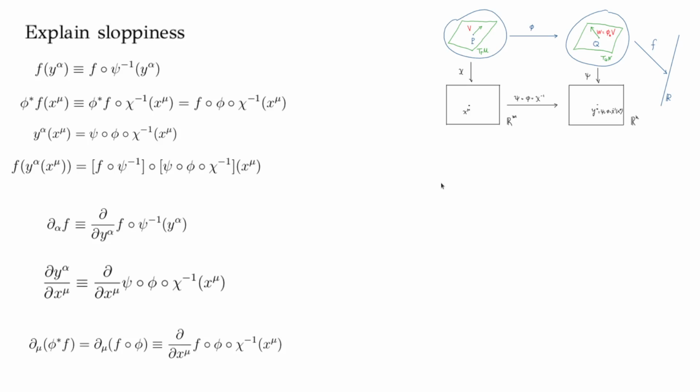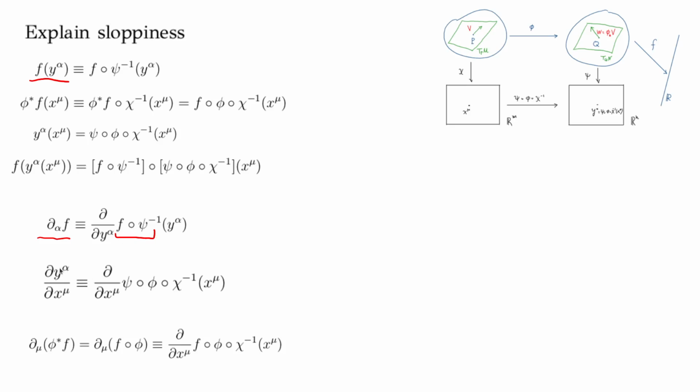So that will help me explain what I mean by the derivatives that I write. When I write here the derivative of f with respect to y alpha, what I actually mean is that I consider f as a function of y alpha by taking the composition of those two maps.